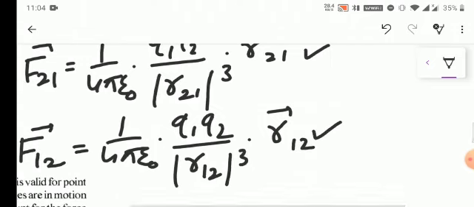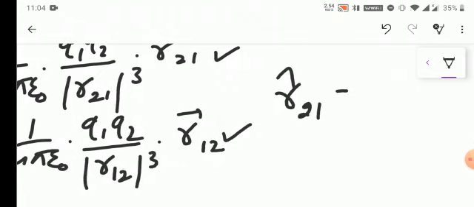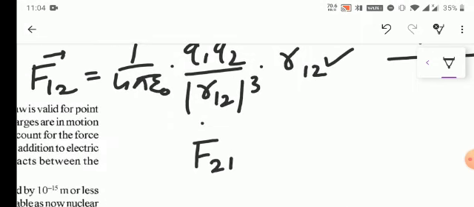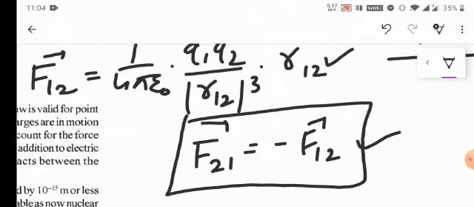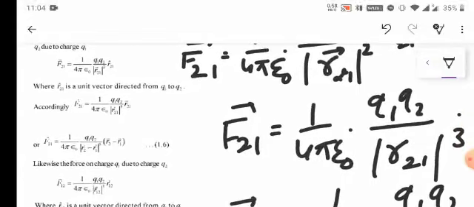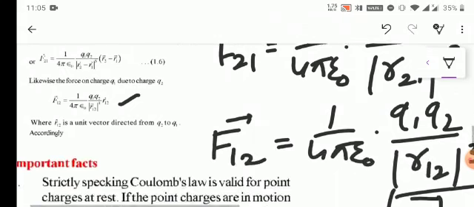Now you know that the unit vectors of r21 and r12 are equal and opposite, so you can represent it with a minus sign. So vector f21 is equal to minus f12. This is the result you can derive from the vector representation of Coulomb's law. Here is our first result and this is our second result, so we can derive that f12 is equal to minus f21. Is it clear?